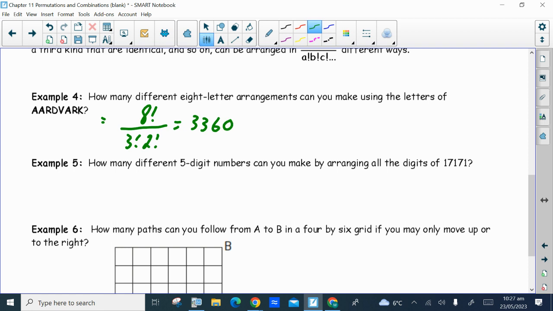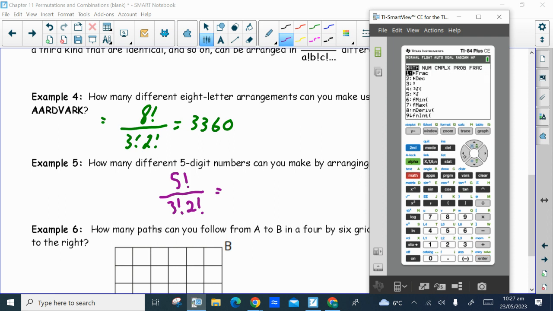How many different 5-digit numbers can you make by arranging all the digits of 17171? Again, this is repetition. There are 5 digits there, so they could be arranged in 5 factorial ways. However, there's repetition. There are 3 1s and 2 7s. So you have to divide by 3 factorial and 2 factorial.